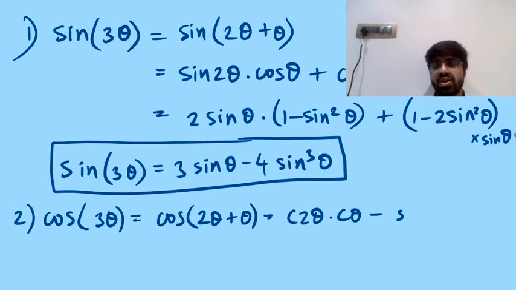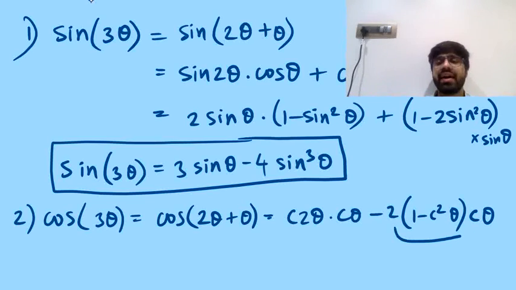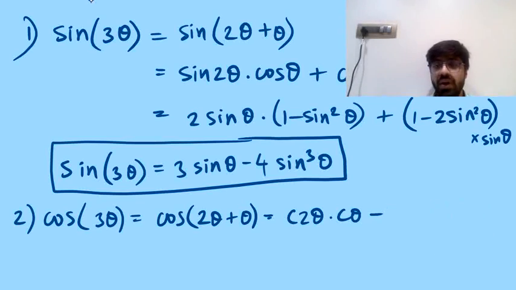So we have 2 sin square theta into cos theta. We will write that sin square theta as 1 minus cos square theta into we had cos theta. Expand the bracket. So when you expand the bracket, you will have 2 cos theta plus 2 cos cube theta.